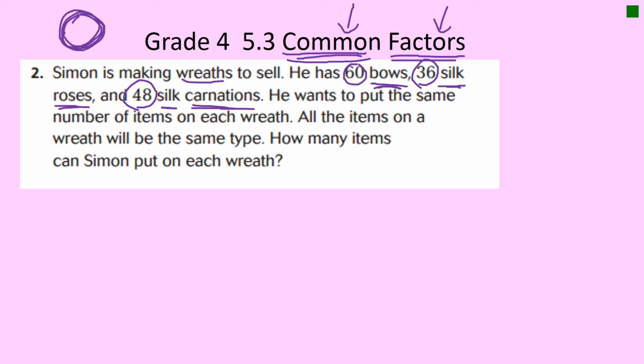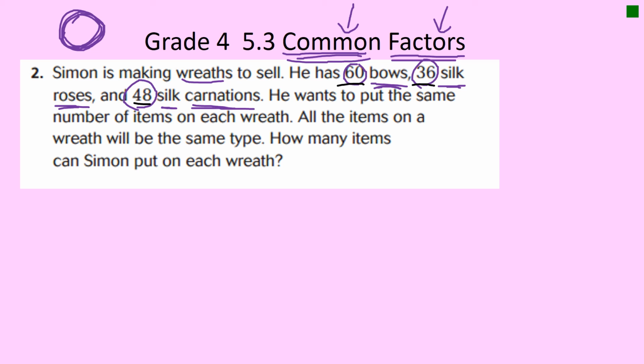And we want to know how many items can Simon put on each wreath. So we have to think of ways to divide 60, 36, and 48 the same way. Or we need to think of factors that they have in common.